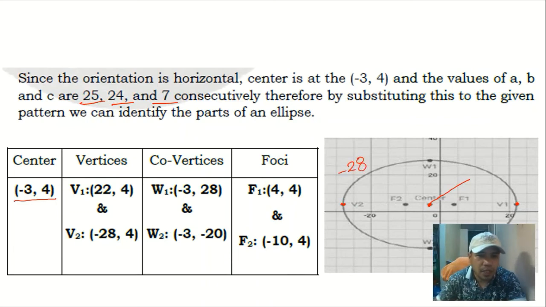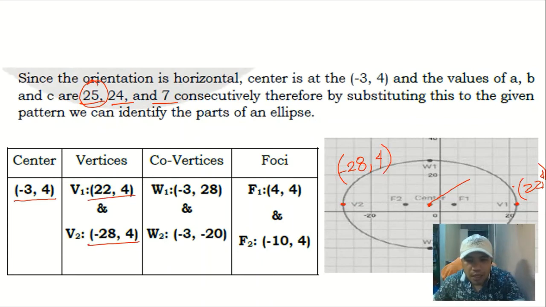Kasi 25 yung idinagdag natin, negative 25. So negative 3 plus 25, that will be positive 22. So, ayan. Nasa 4 pa rin sila, pareho. 22, 4. Which is, ayan, negative 28 and 22.